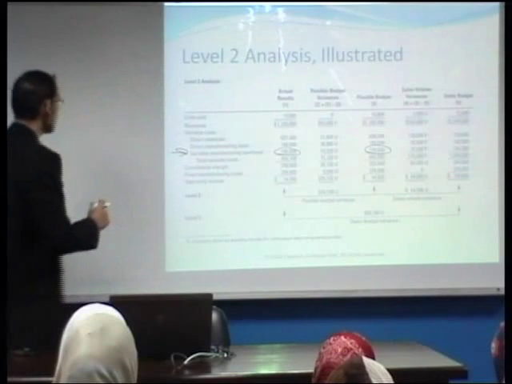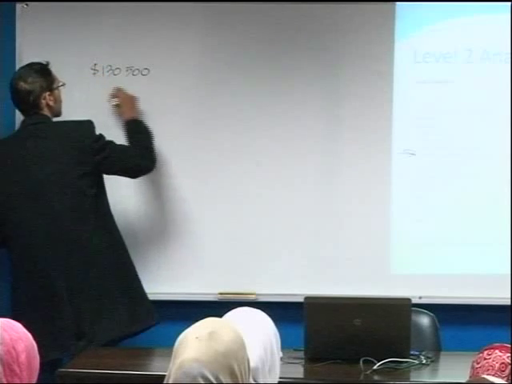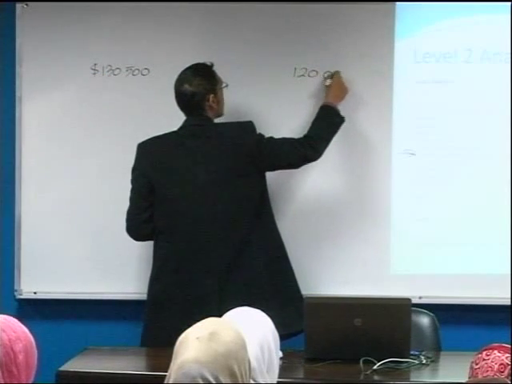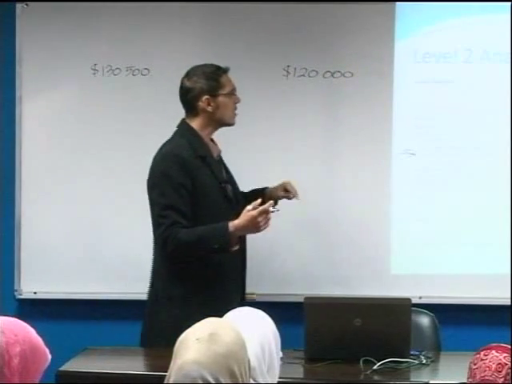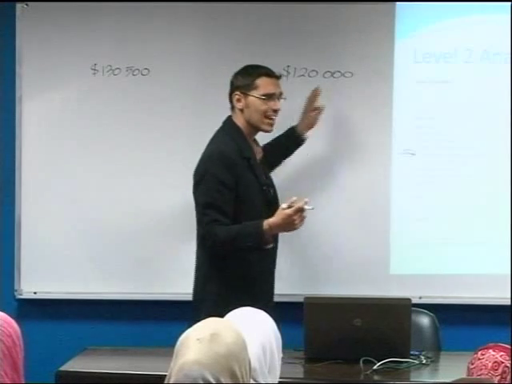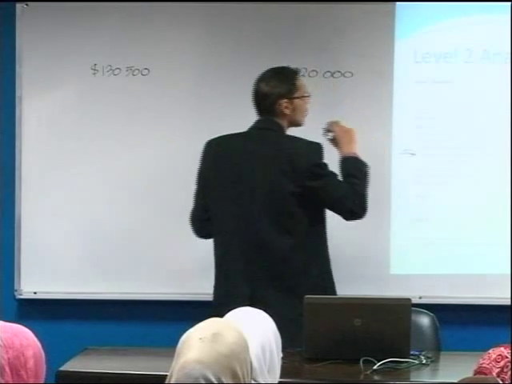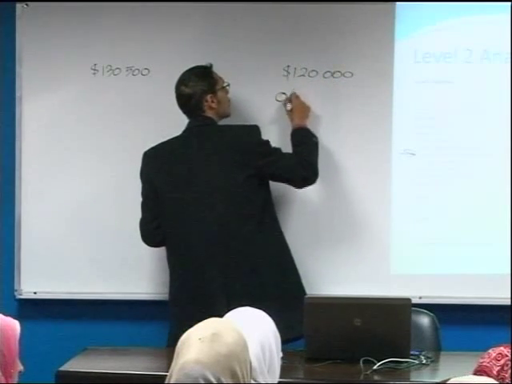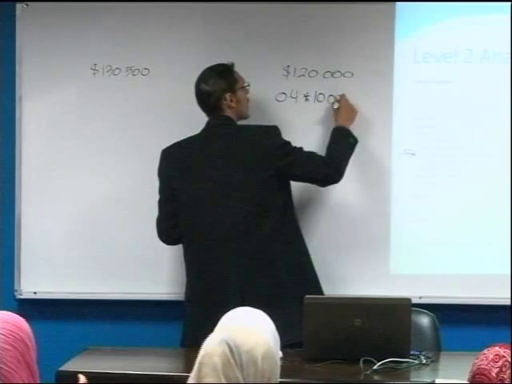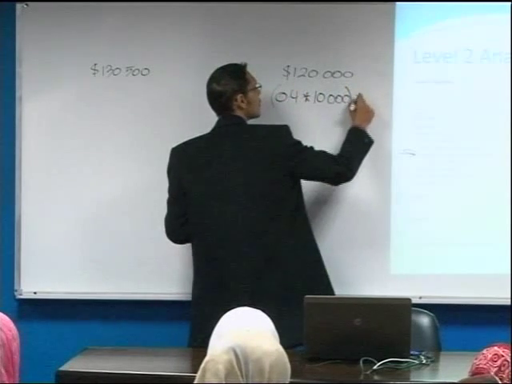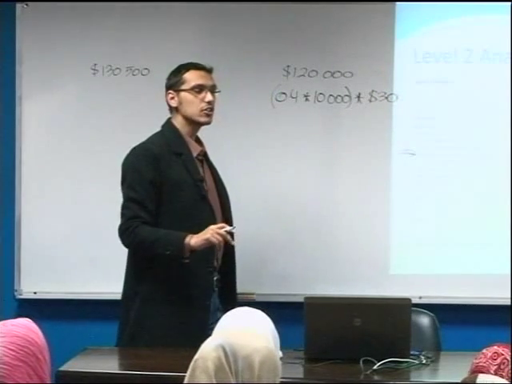We said that the $130,500 and the $120,000 were computed as follows. We first computed the $120,000 according to our standard: 0.4 hours per unit, multiplied by 10,000 units, multiplied by, I think, $30, which was the standard rate.